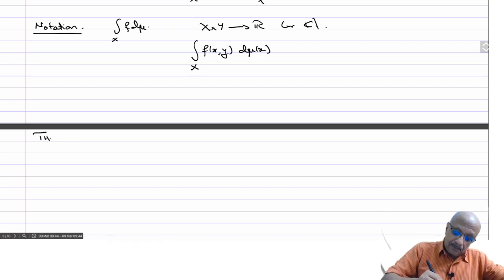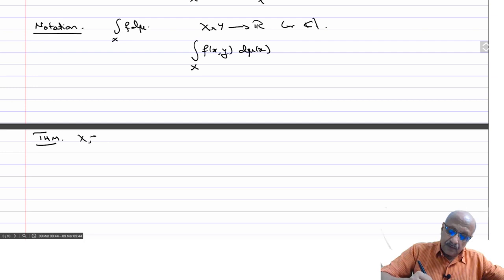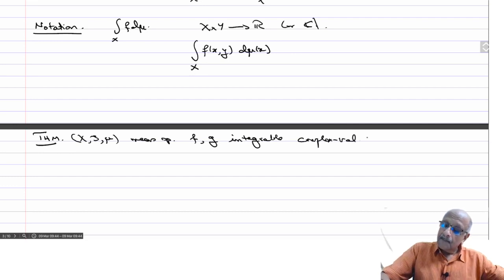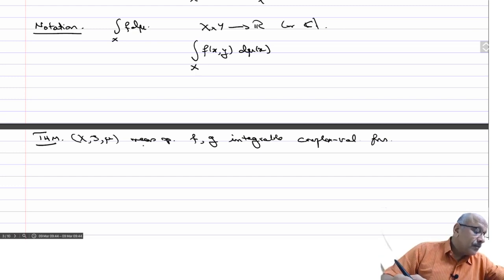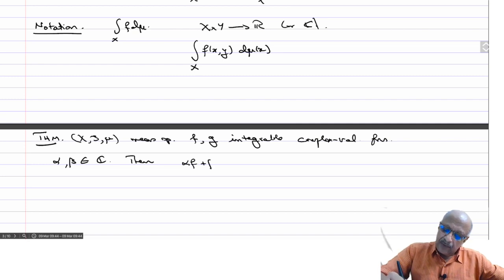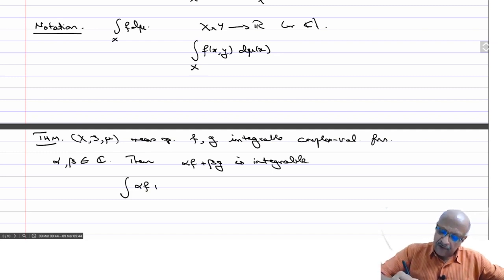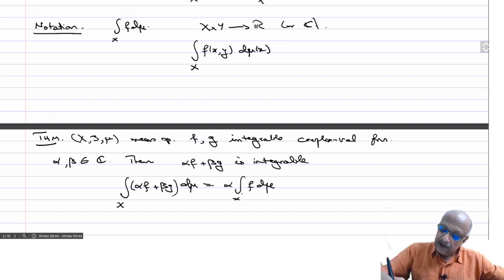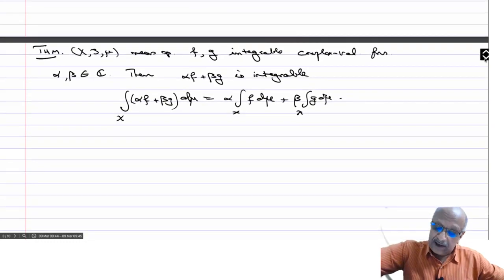So theorem: X, Σ, μ a measure space, f and g integrable complex valued functions, α, β in C, then αf plus βg is integrable, and the integral of αf plus βg dμ over X is α times the integral of f dμ over X plus β times the integral of g dμ over X.